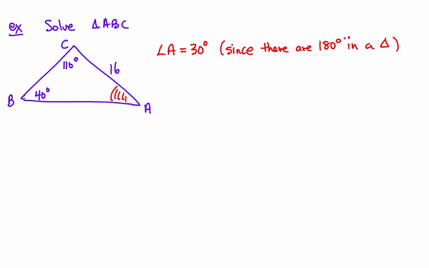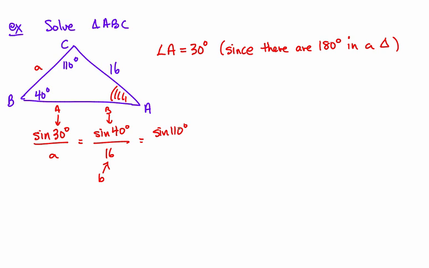However, in this case I've got angle, angle, side. To calculate some missing sides, I am going to need the Sine Law. So let's state it. Sine of A, which is 30 degrees, over a, which is this missing side here, is equal to sine of B, which is 40 degrees, over b, which is 16, equals sine of 110 degrees, that's angle C, over side c.